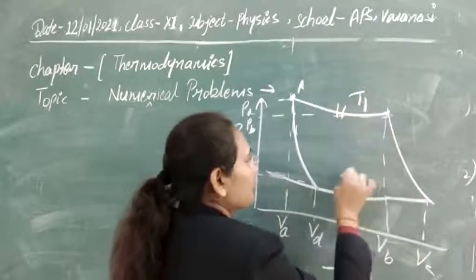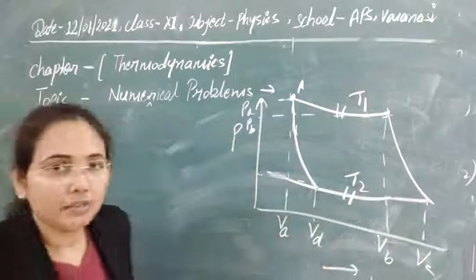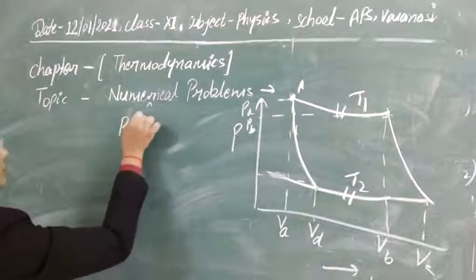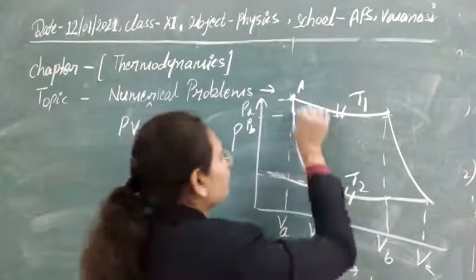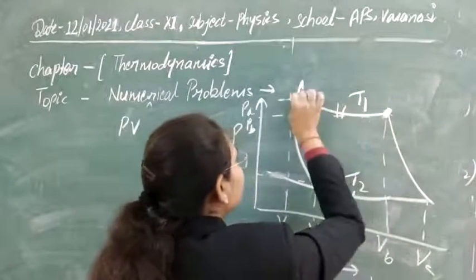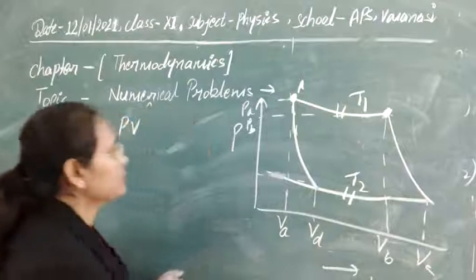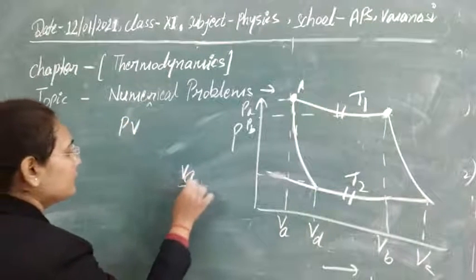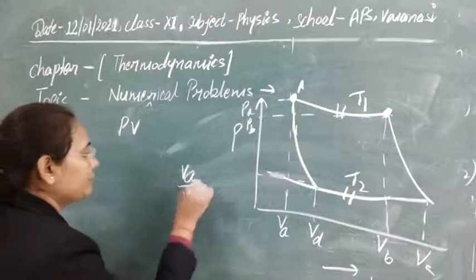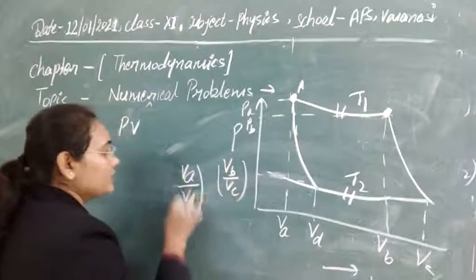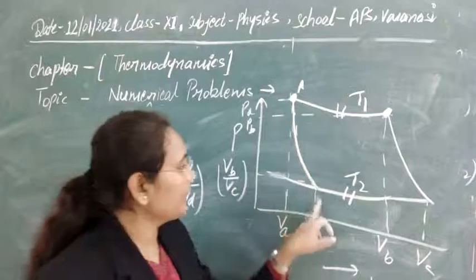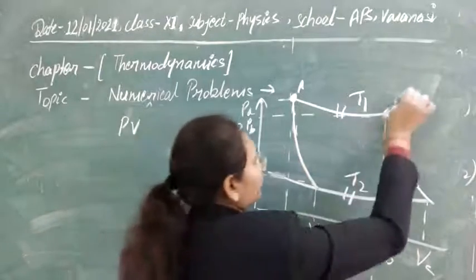As this process is isothermal, the temperature will be the same, and we have the concept that PV is equal to constant. We have to compare VA upon VD and VB upon VC. For this comparison, you don't have to take these two points into consideration.